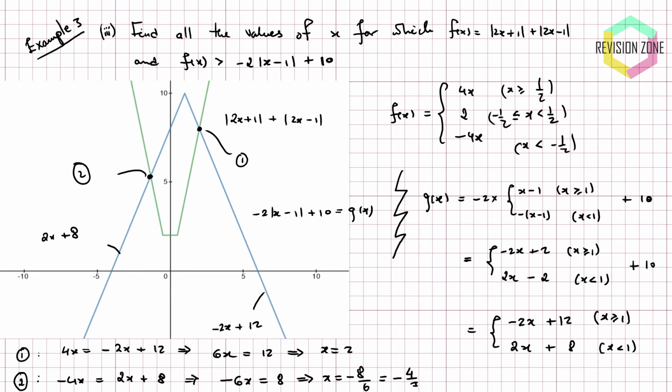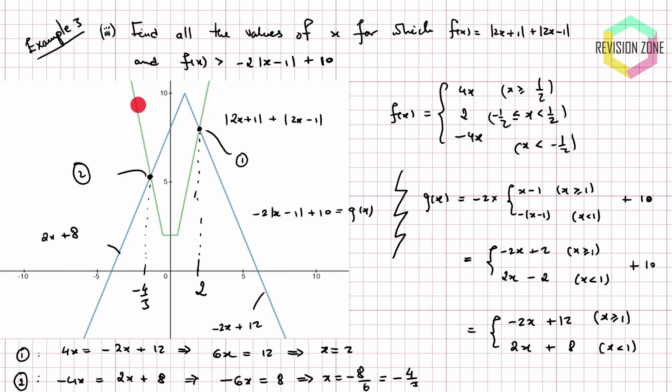So we've figured out that if I come down here, this point is 2, and if I come down here, this point is minus 4/3. Apologies for the wavy line, it should have been a straight line. Now we want f of x to be bigger than g of x, which means we're interested in that chunk and that chunk.